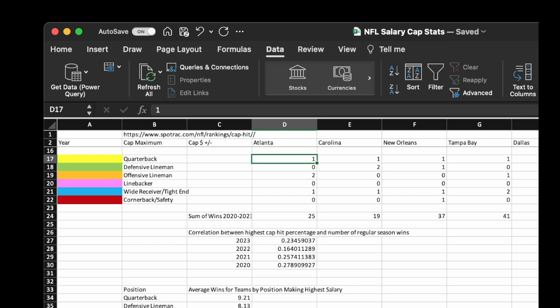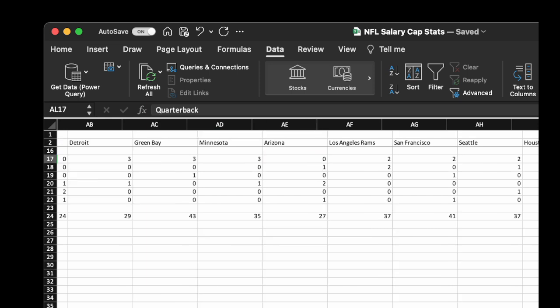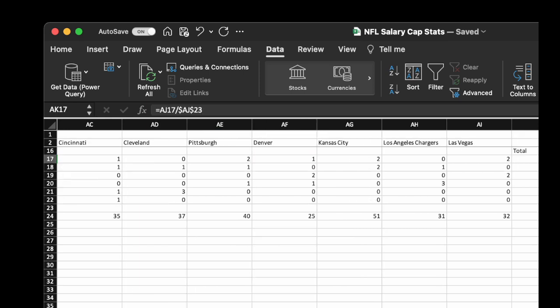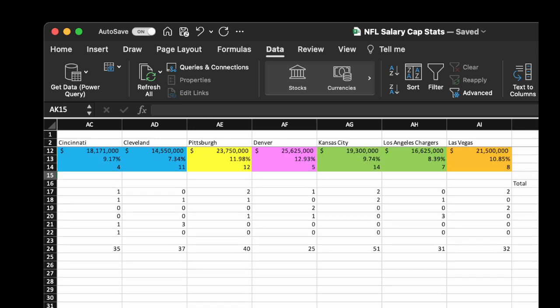And that also comes up in the percentage of time. Like I say, 33% of the time over the last 4 years, teams paid their quarterback the most. And then it goes into lineman, and the least common was the cornerback safety.